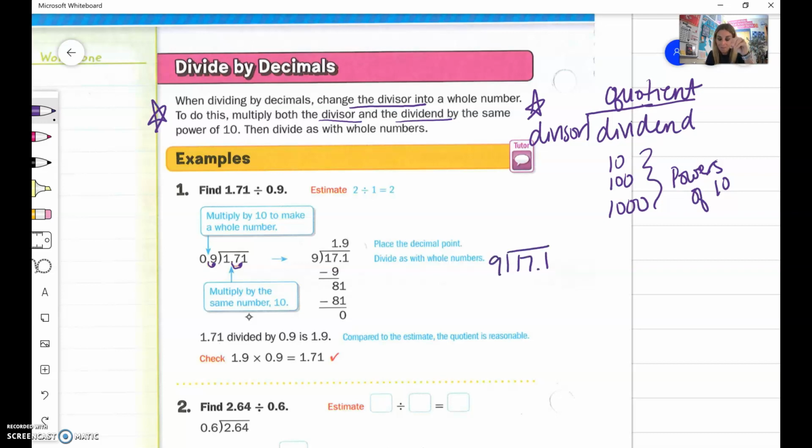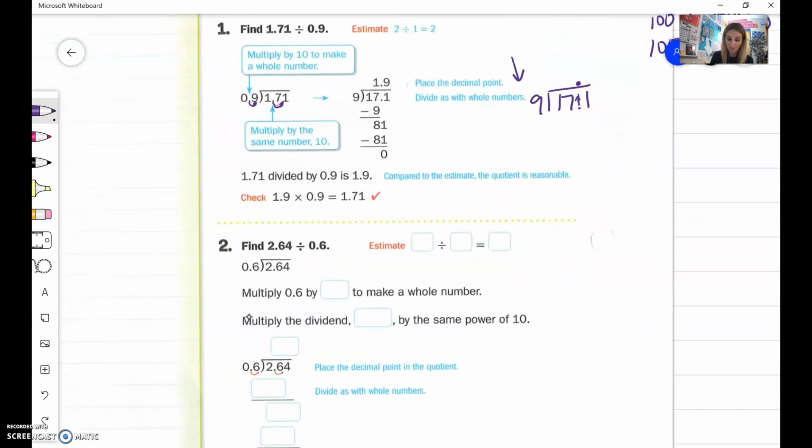I've made my divisor, that outside number, a whole number. However many spaces I move that number to make it a whole number is the same that I move it in my dividend. Now I'm just going to place my decimal point up there and divide like normal.